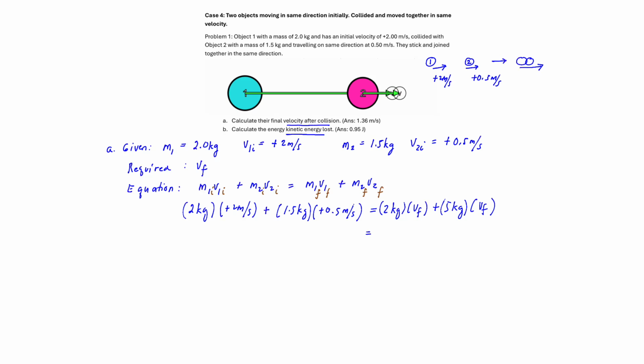Simplifying everything, this will be 4 plus 1.5 times 0.5, which is 0.75. And then this one is 2VF plus 1.5VF. Again, we could factor out the VF.